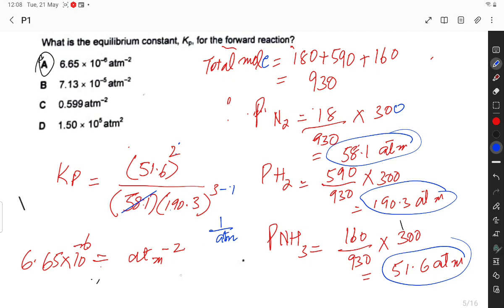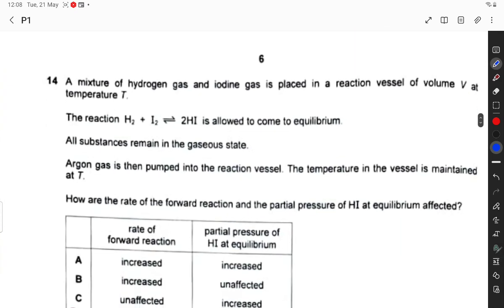The unit is atm minus 2, and the answer is 6.65 into 10 raised to the power minus 6 atm minus 2. So the other options are incorrect, and A option is correct.